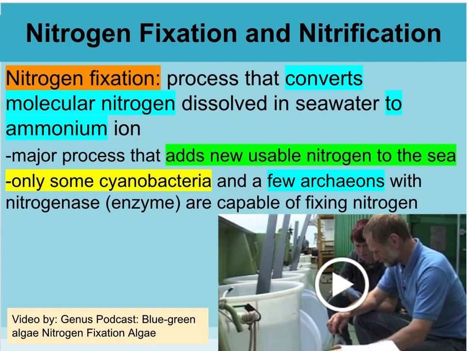So nitrogen fixation is actually a process that converts atmospheric nitrogen. So there's nitrogen up in the atmosphere, and that nitrogen will then dissolve down into the ocean, but still it's not in a form that can necessarily be taken up by other organisms.